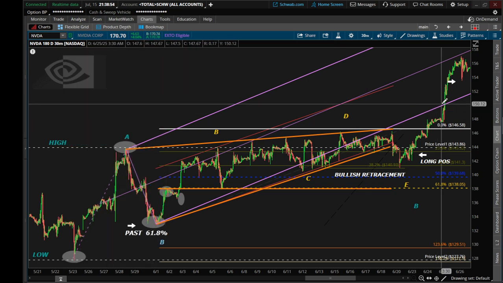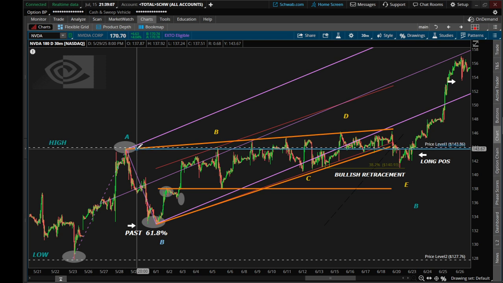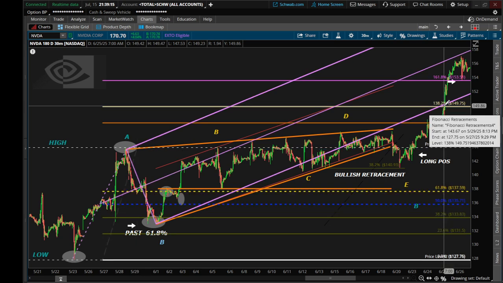And you can see that it did at 150. Now let me get rid of these retracements real quick, put the other targets back up that I had, and you notice the 138.2 intersect with that pitchfork, and you got a nice squeeze there.